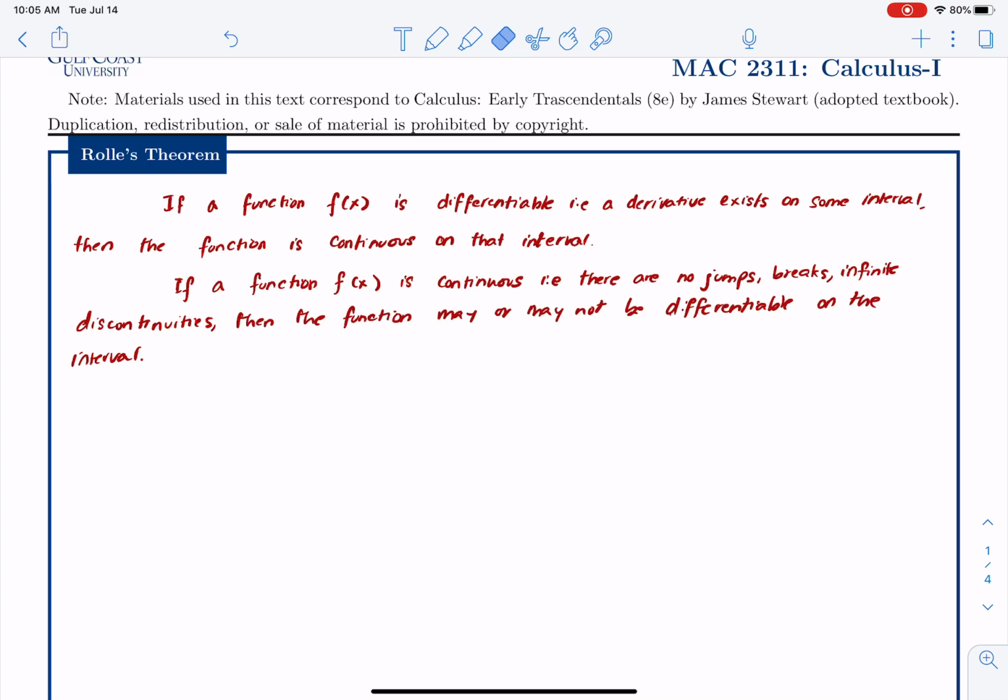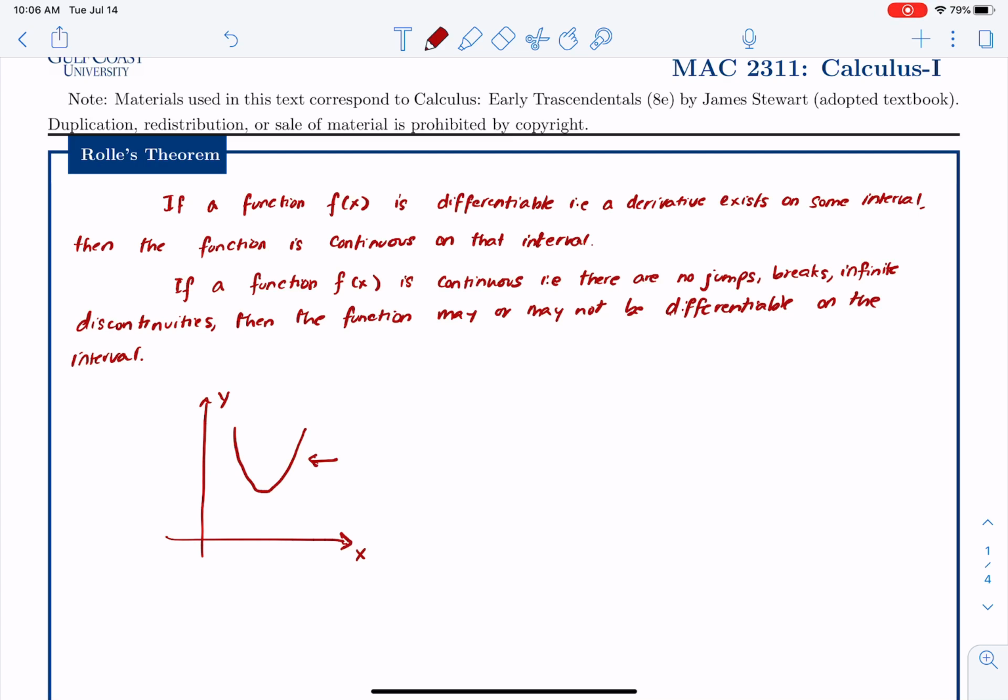So, for example, suppose we have a parabola.